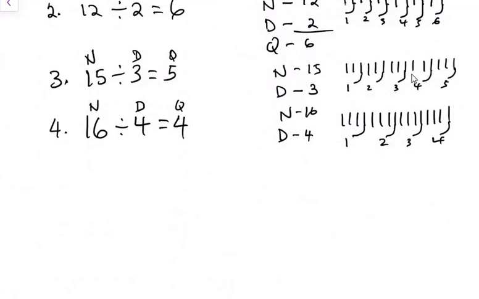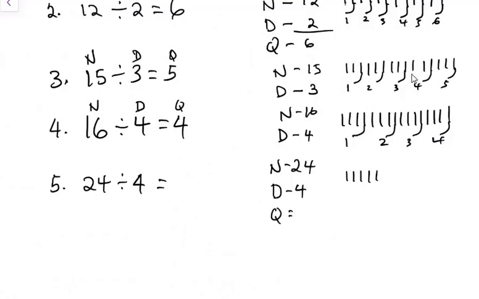And the fifth example, we have 24 divided by 4. What will be the numerator in this case? Numerator will be 24. Good job. And then our denominator will be 4, because 4 is the one dividing 24. And our final answer will be the quotient. So we can just break it down and lay out the numbers up to 24.